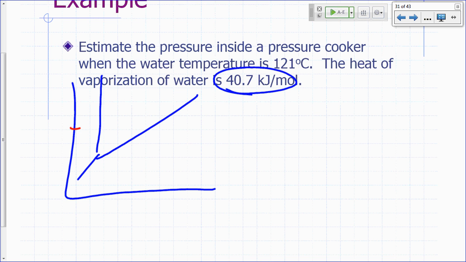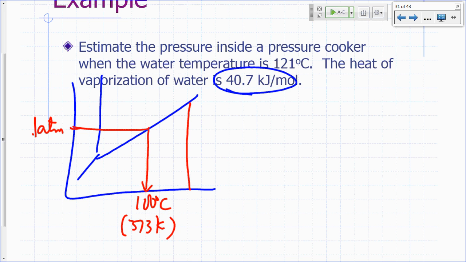At 1 atmosphere, we say water boils at what temperature? 100 degrees Celsius, right? That's 373 Kelvin. Now, if you want your water to boil at 121 degrees Celsius, what would that pressure be? That would be the pressure you need in your pressure cooker.